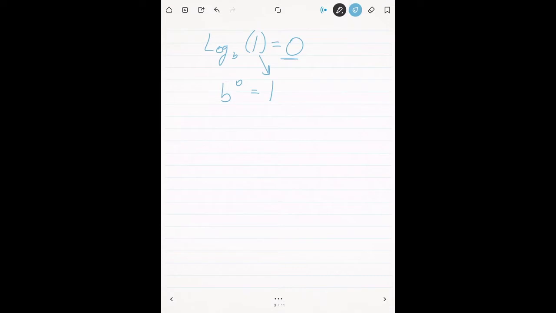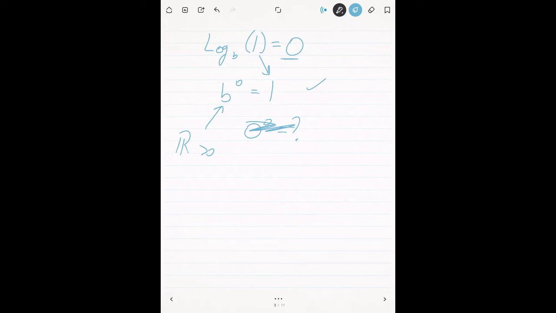So is this true? b to the 0 power is 1. Well, yeah, that's true for pretty much any number. It's not true for 0 to the 0 power. Remember, that's something that's a little different. Sometimes we would say that's undefined. But keep in mind, we said that b here is a real number that's greater than 0. So we're not even worried about this case, okay? So hopefully this first rule makes sense to us. It should be fairly obvious.